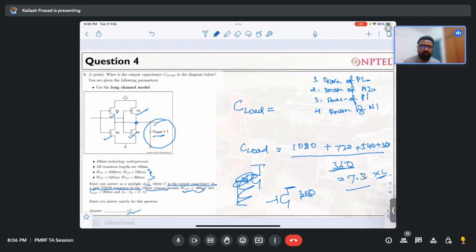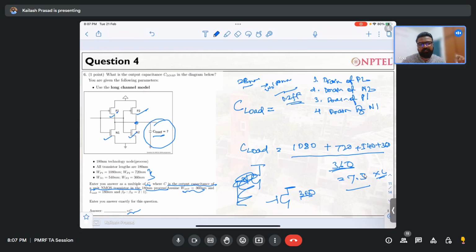If you want to know the exact unit, you have to go to the technology, as it is extremely technology specific. In 28 nanometer technology, if you have say 100 nanometer of transistor width, the capacitance comes to around 0.3 femtofarad.